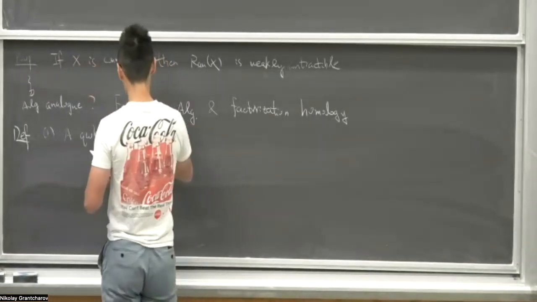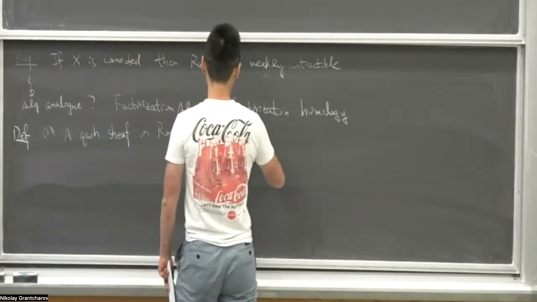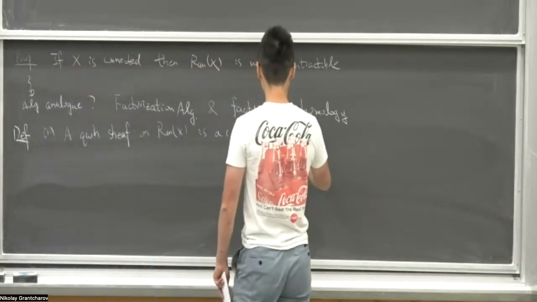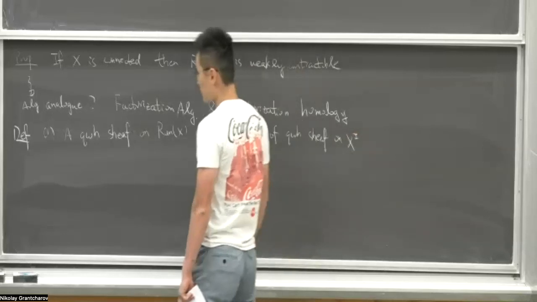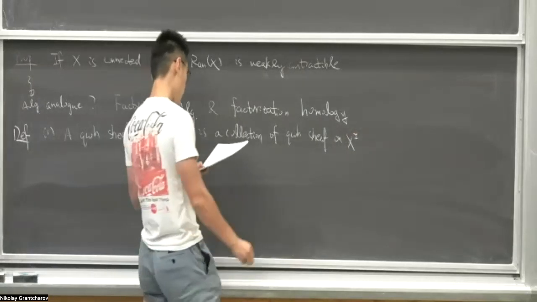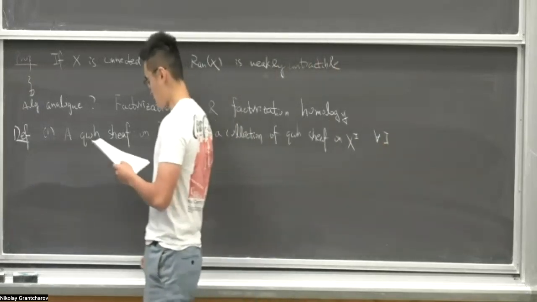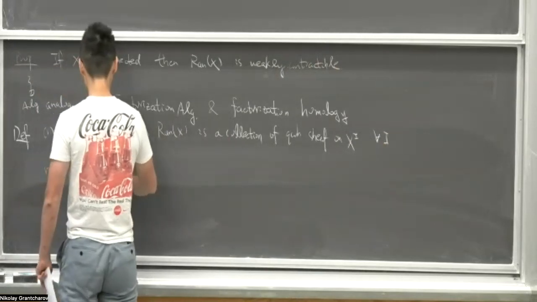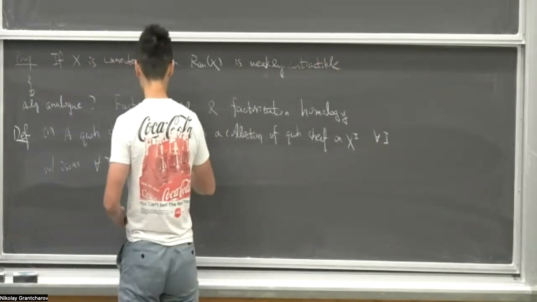A quasi-coherent sheaf on Ran X is just a collection, for each I in this category, of quasi-coherent sheaves F_I on X^I, which satisfy the compatibility along these transition maps in the diagrams. So a sheaf on X^I for any I, and also these isomorphisms are part of the data: the isomorphisms for any surjection from J to I, for the projection.